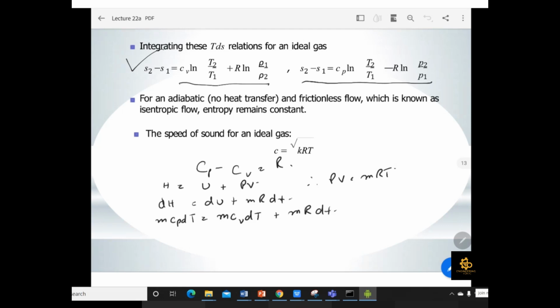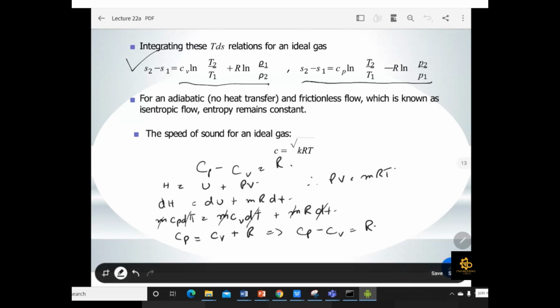From here you can easily cancel the dT terms from both sides, and also cancel the mass. So we get Cp is equal to Cv plus R, or you can say Cp minus Cv is equal to R.